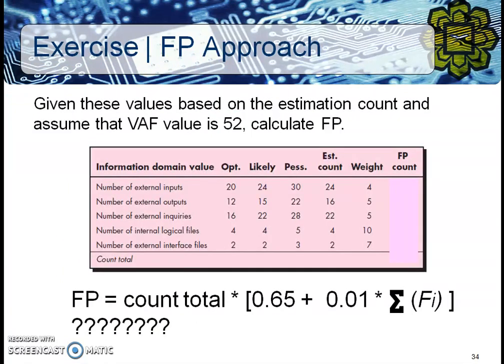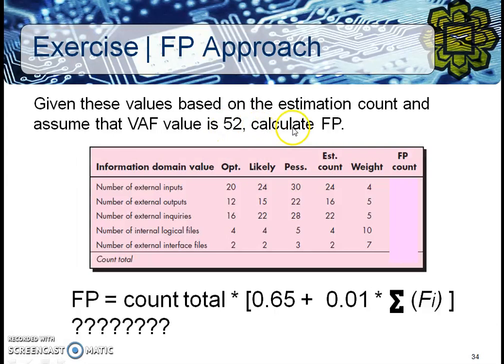As an exercise, I provided similar information for you to find out whether you understand how to calculate or not. In this example, we assume that the VAF value is 52.